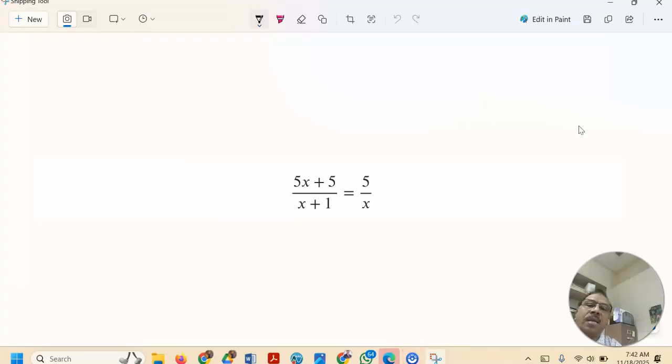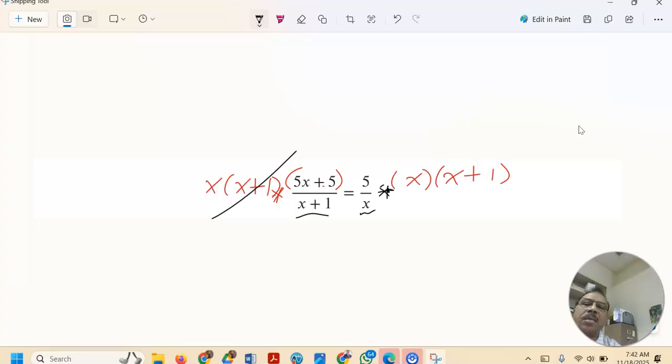What she does is multiply both sides. Both sides have an x, and there's an x plus 1. So either side you multiply by x times x plus 1. So Jada does this, x plus 1, and on the left side she also multiplies by x and x plus 1. When you multiply this x plus 1 and the bottom x plus 1, the x plus 1 crosses out.